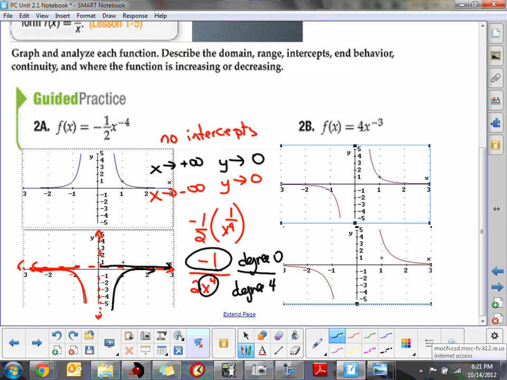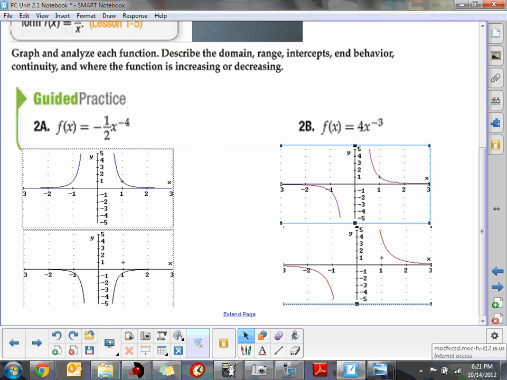If the bottom has a bigger degree than the top, the dominant term is going to grow faster. When the denominator grows faster, our entire fraction gets closer and closer to 0. So we do have some ways that we did this algebraically as well, as far as describing end behavior.